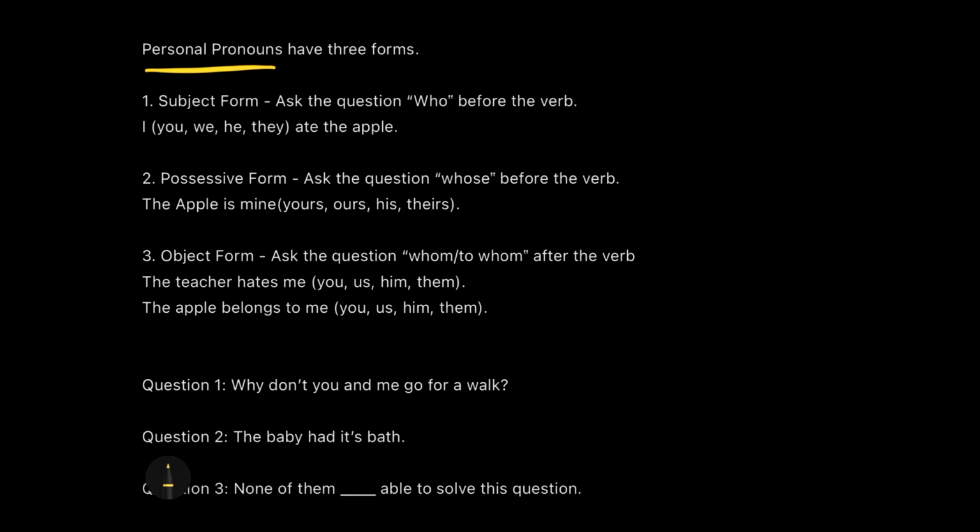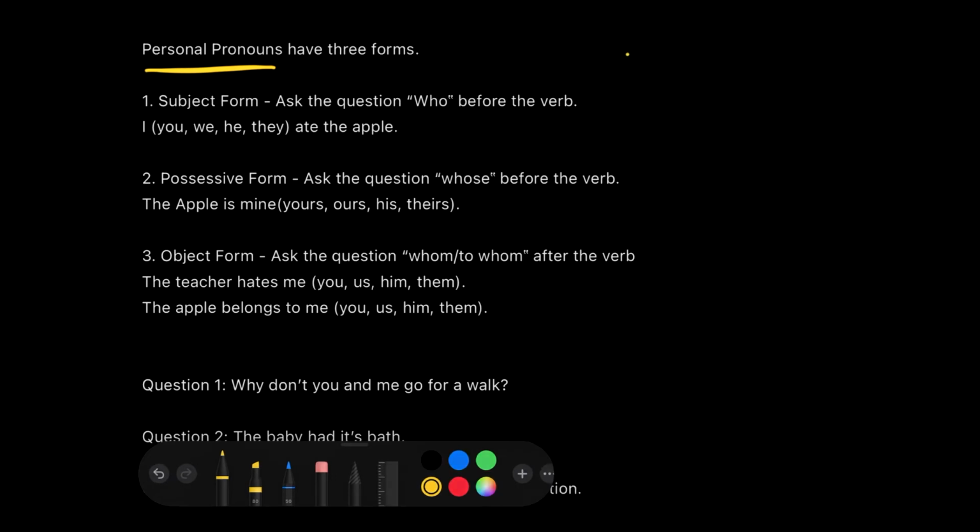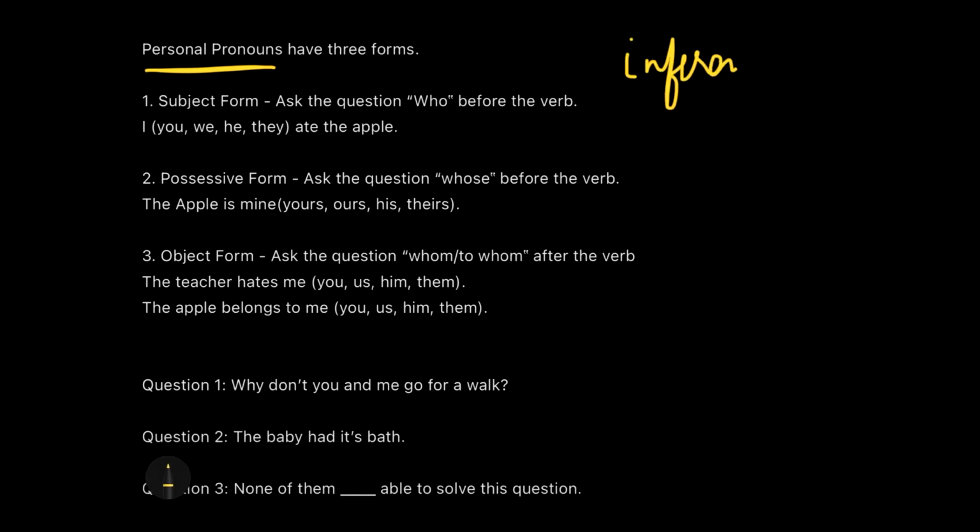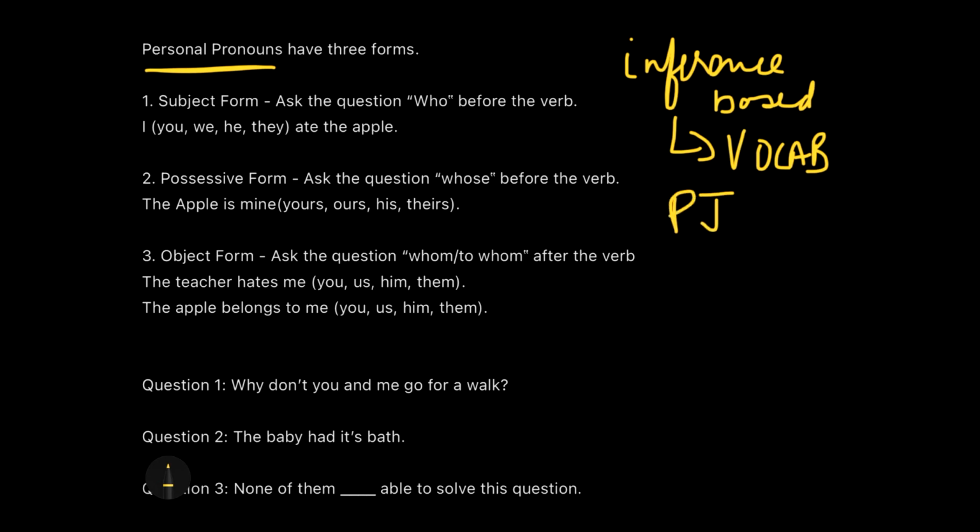If you want accuracy to go high and as high as possible in RCs, inference based questions, and the parajumbles, then you need to be very much worried about your error detection skills as well as your sentence framing skills. So, inference based RCs are directly related to your vocab skills, okay, and parajumbles, PJs, are directly related to your error detection or sentence correction or sentence completion skills.